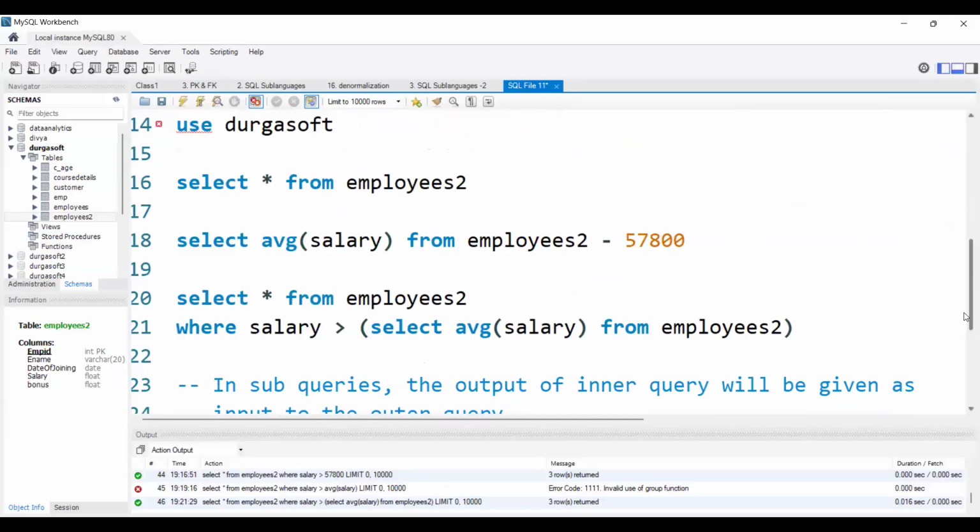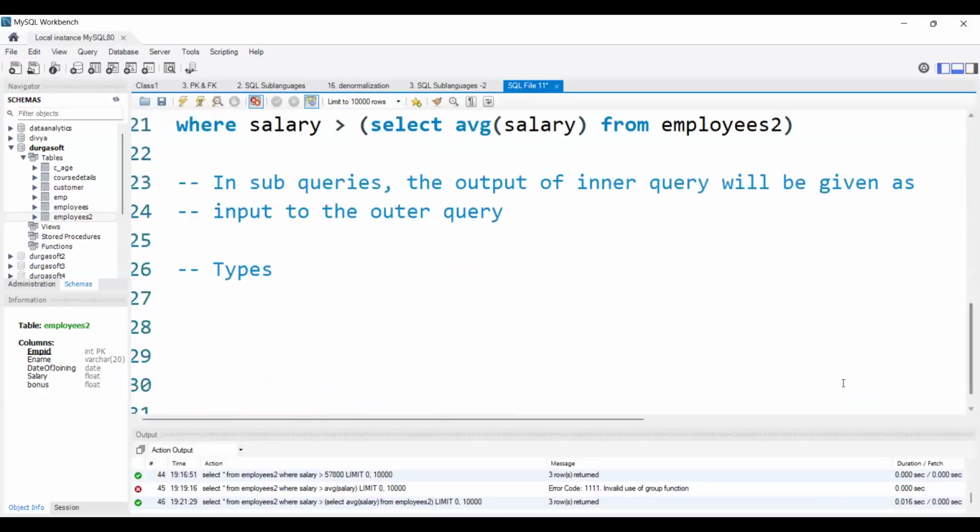In real time we work depending upon the requirements of the client. No one will see which concept we are using. It's up to their choice. If anyone feels the other concepts are easy, they will use those. Actually, we are not supposed to use subqueries frequently in real time, because we have one disadvantage.